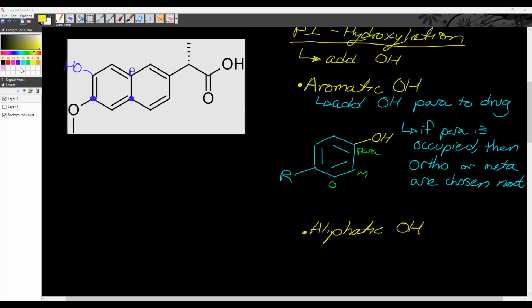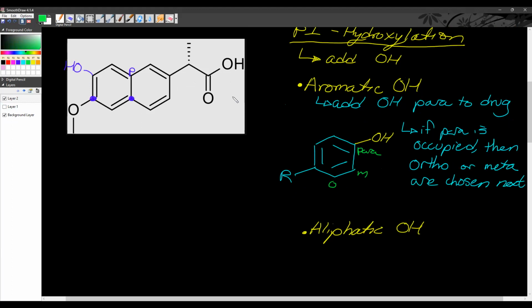For aliphatic hydroxylation, what we are talking about here are carbon chains. Specifically for this, you need to have a carbon chain larger than 2 carbons in a row.